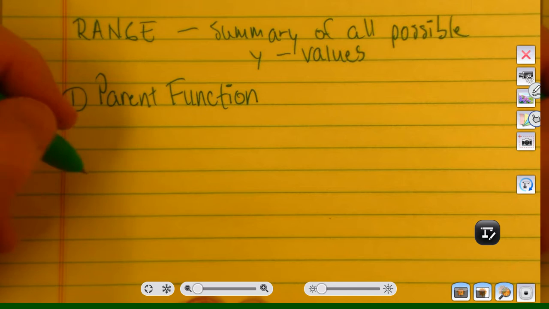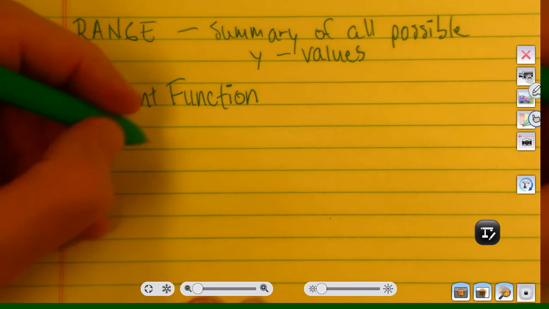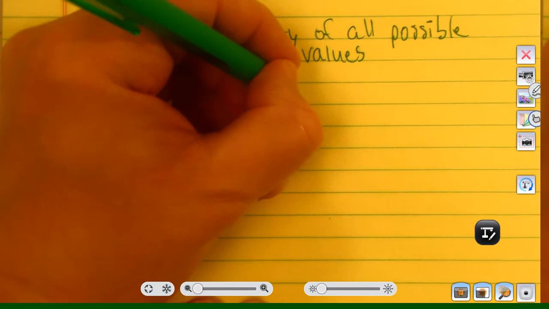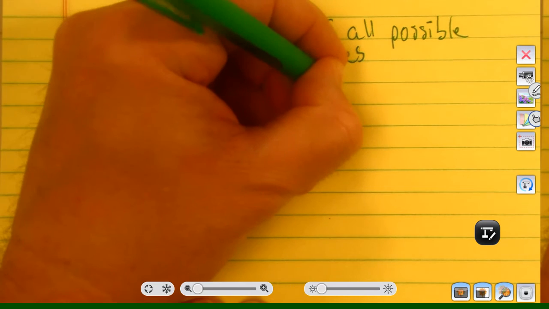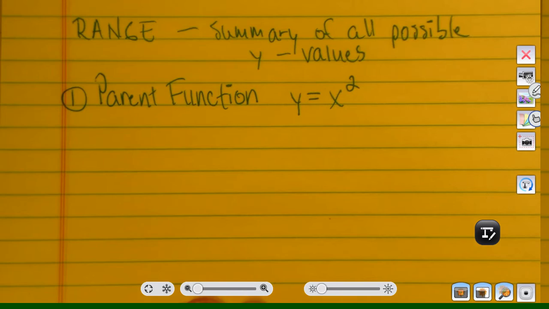So the simplest quadratic function is y equals x squared. What I want to do is look at that and come up with some information about that graph based on what we find.